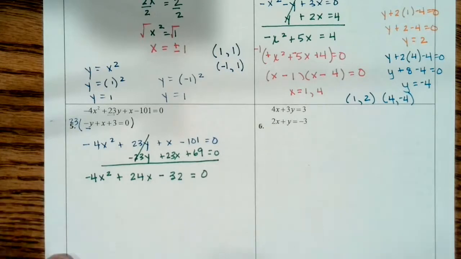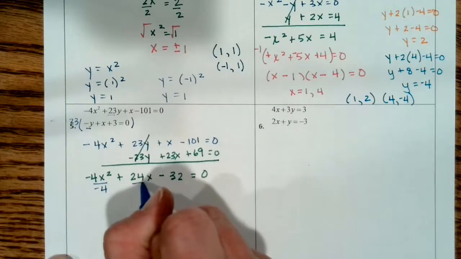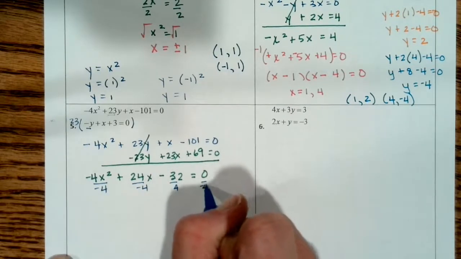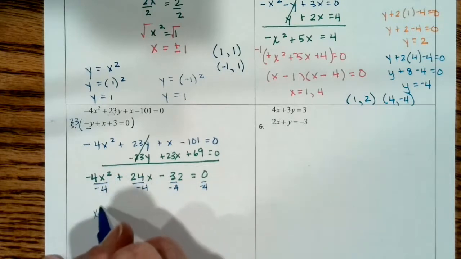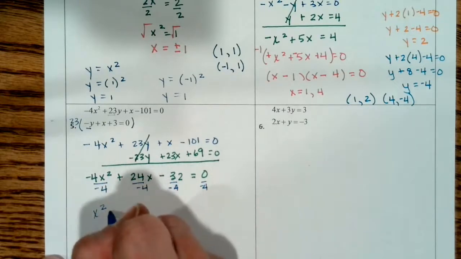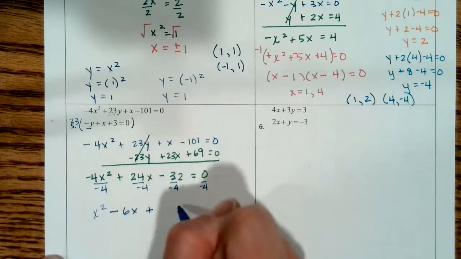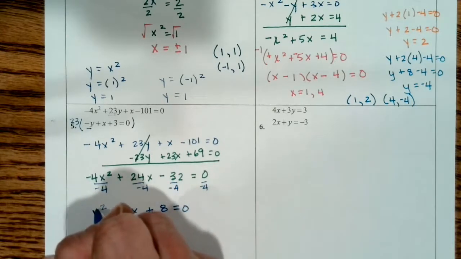I'm going to factor, so I'm going to pull out my greatest common factor. I'm going to take out a negative 4, leaving me with positive x squared minus 6x plus 8 is equal to 0.